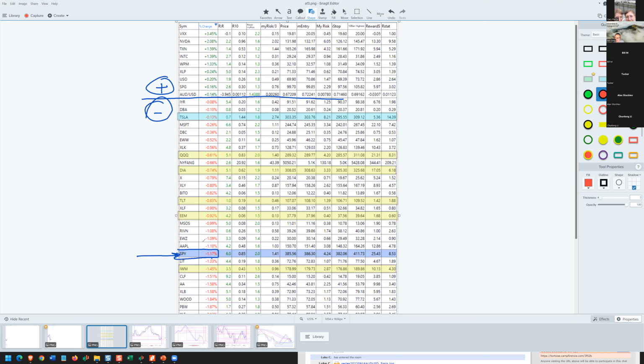So, sectors. Brazil off 1%. Marijuana, 1%. Finance, down 0.9. Bitcoin and consumer discretionary, off minus 0.8. The FANGs, minus 0.6.